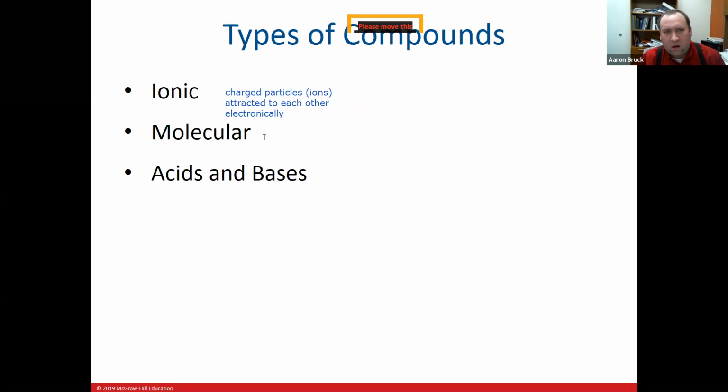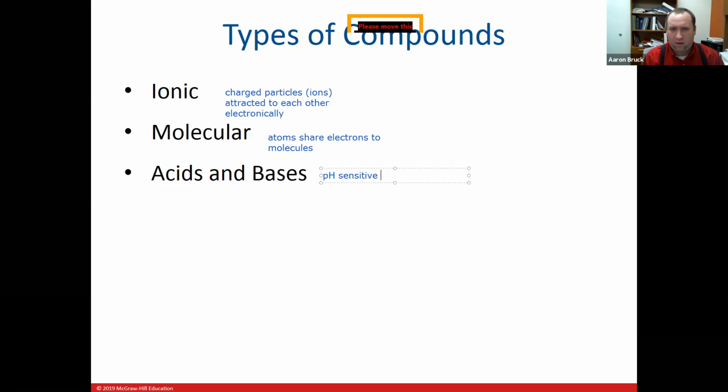You have molecular compounds where electrons are shared by atoms to make molecules. And then you have acids and bases where you have compounds that are pH sensitive.